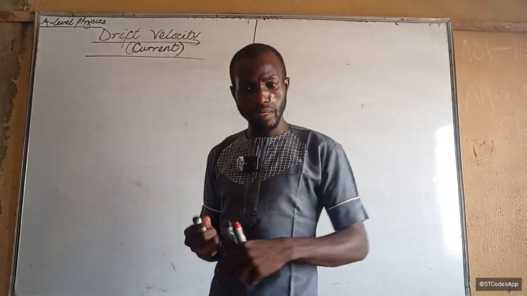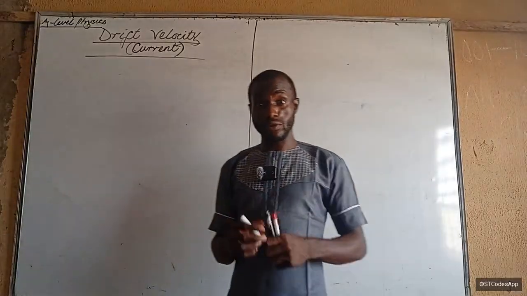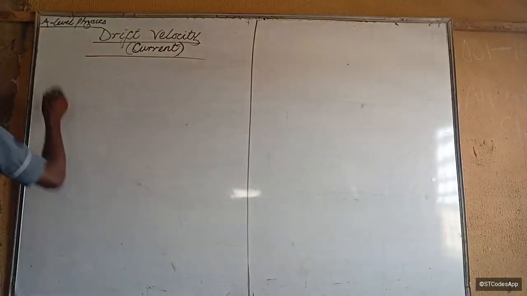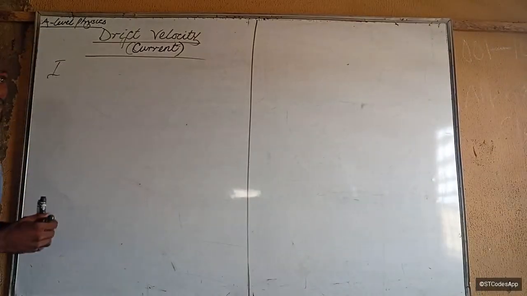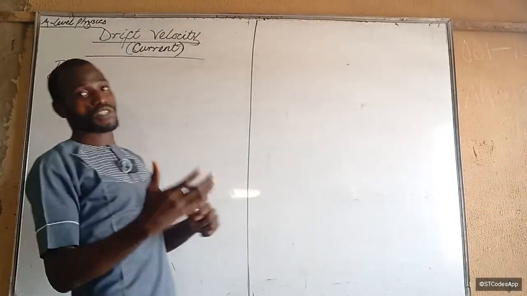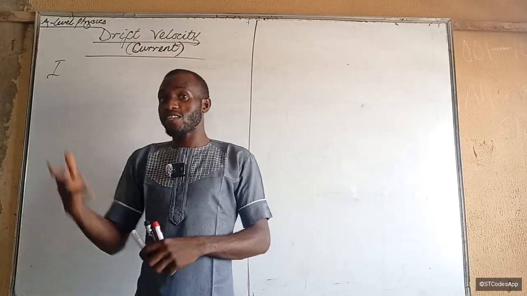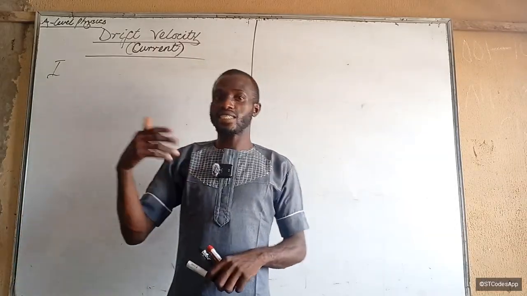In order to look at drift velocity, we must first know what current is. You already know that current is the rate of flow of charge. But there are two types of current that we're going to look at: the average current and the instantaneous current.